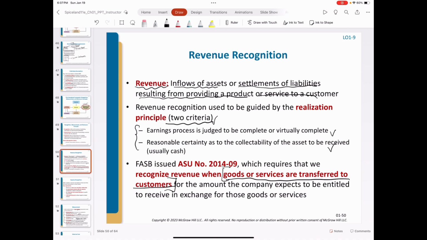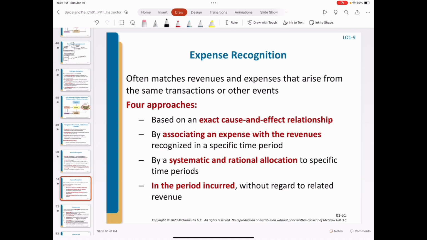Now we know revenue is an element of the income statement. Another element is expense. Their difference is earnings or profits, right? To make the profits information more useful, revenue and expense must be matched. If they are not matched, their difference, net income, is not useful.